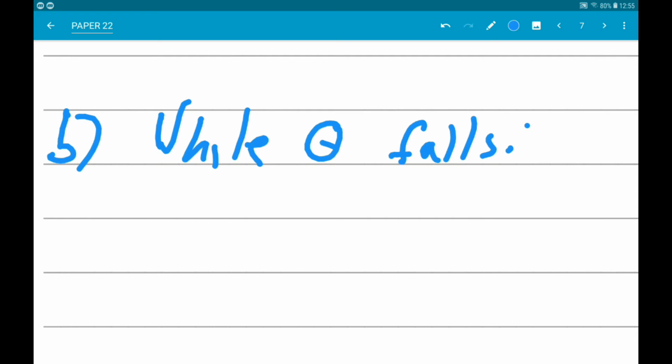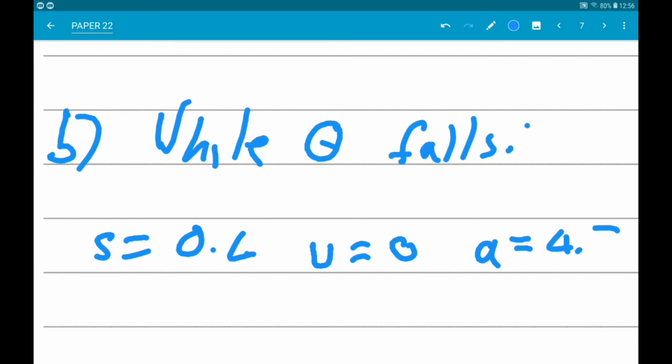So, S, if we take down as positive, S is 0.4, U is 0, we don't know V, we don't care about V, we know a is 4.2, and we want t.